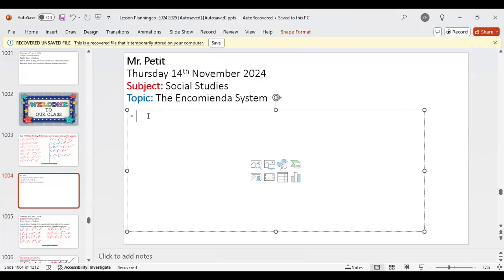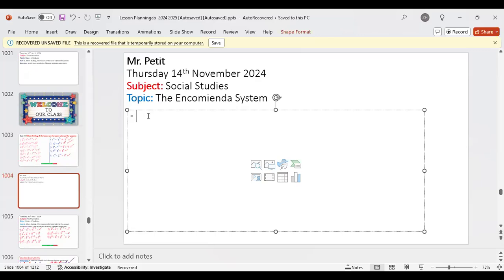But at any rate, they had this idea that, you know what, we could let them work for us and we could pay them wages, right? And it would be a nice little thing between Spain and the natives that were working there.